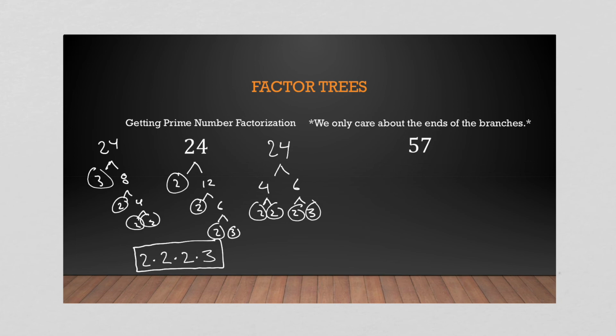57. 57 is my favorite number because I often think, well, it's not my favorite number, 5 is, but I often think, that's got to be prime. It just looks like it'd be a prime number. But then you just got to think divisibility rules. Is it divisible by 2? No, it's not even. Is it divisible by 3? Well, what's 5 plus 7? 12. 12 is divisible by 3.